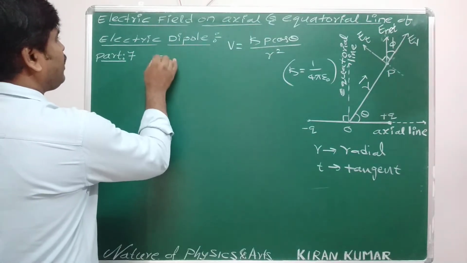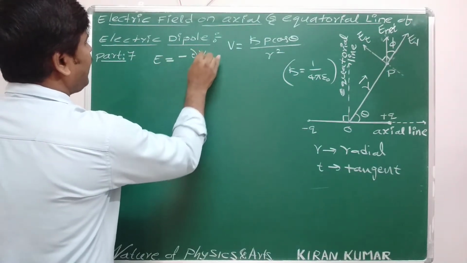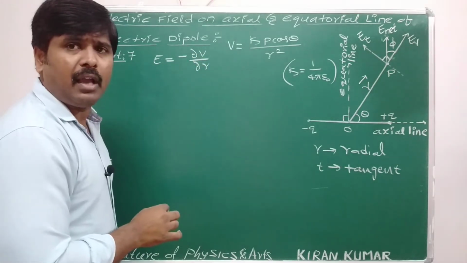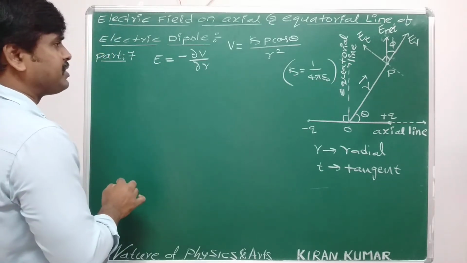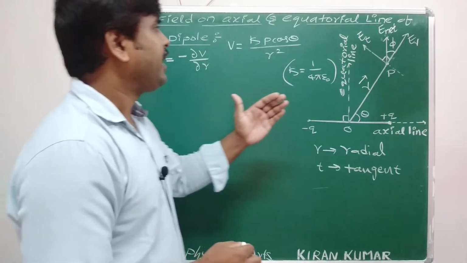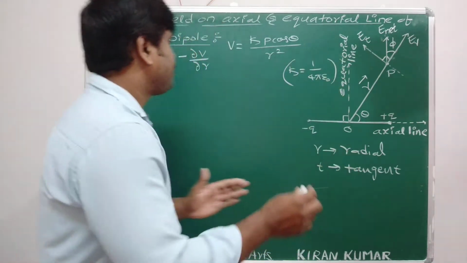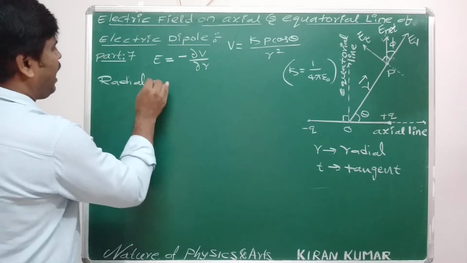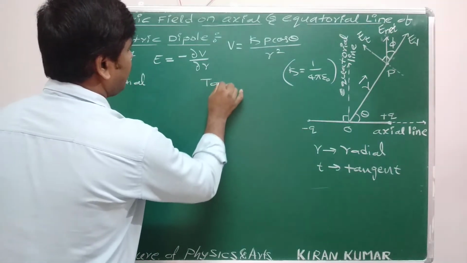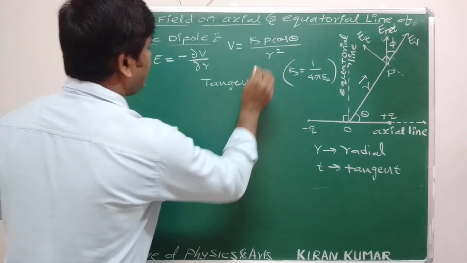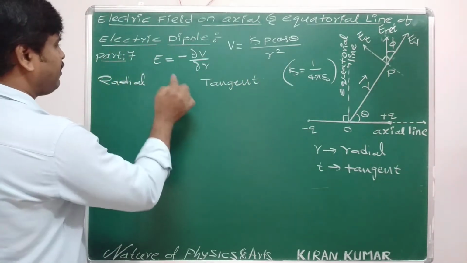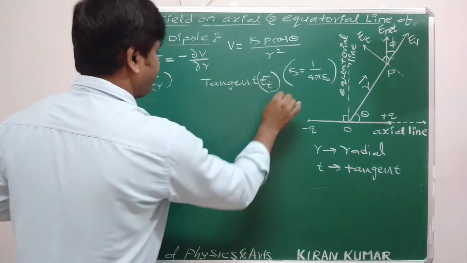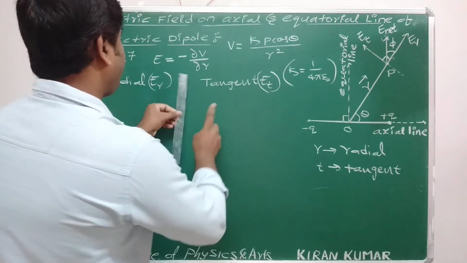E is equal to minus dou V divided by dou r, so simply E is equal to minus dV by dr. Here we are taking partial differentiation, and first I want to take the E_r value and E_t value, the first radial and second tangential. Radial is E_r and tangential is E_t. Try to understand, step by step we can discuss.